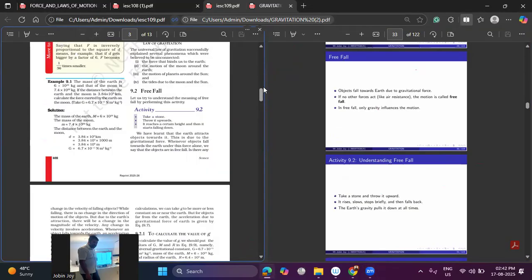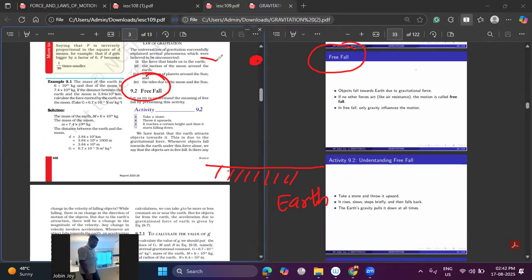Okay. So the next topic is free fall. For example, this is my Earth. This is the surface of the Earth, and we have an object here at a certain height.